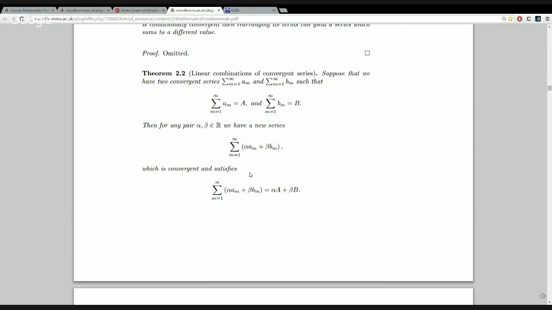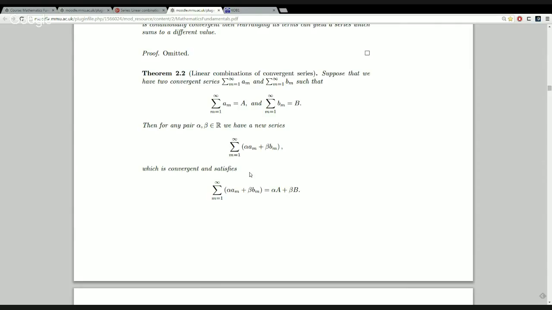And what we want to show is that this new series is itself also convergent. And it converges to, as you can see at the bottom of page 13, the obvious sum. If someone sat you down and said, listen, I'm going to force an answer out of you: you've got an A series converging to capital A, a B series converging to capital B, you form a linear combination, alpha times the first one plus beta times the second one. What's the new limit going to be? There's only one obvious answer.